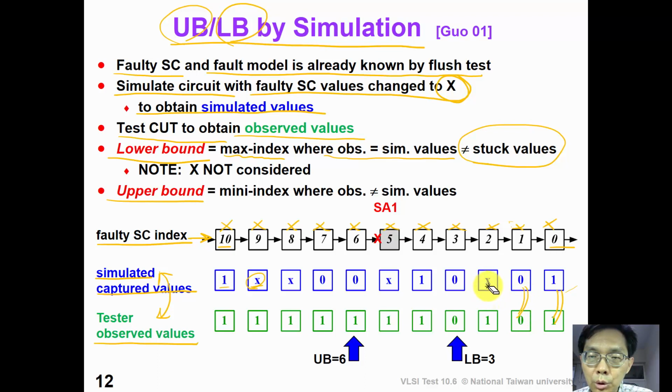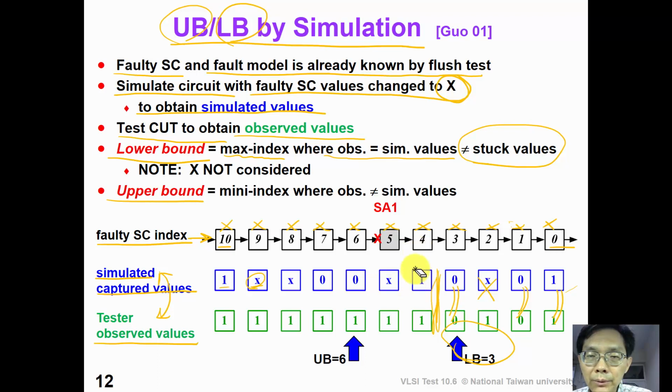For index number 2, it is ignored because the simulation value here is unknown, so we cannot make any judgment. For scan cell number 3, their values are the same. They are both 0, which means that up to here, the fault has not yet occurred. So we can say that the lower bound of this fault is number 3.